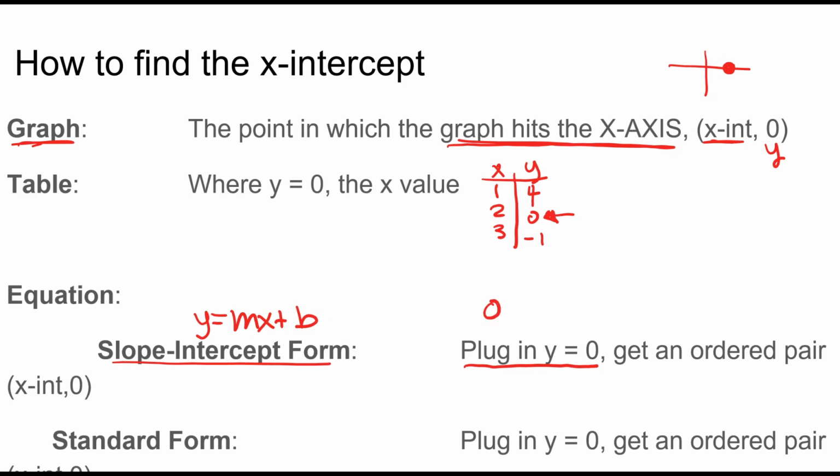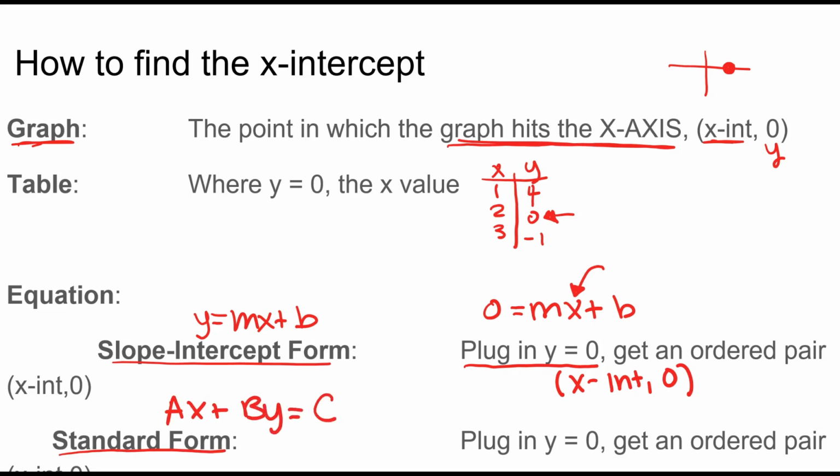You have to plug in 0 for y and try and find x. And that'll give you your ordered pair x-intercept, y is 0. And for standard form, we have to plug in y equals 0 and solve for x. So it'd be something like ax plus b times 0 equals c. That'll make that go away, and we can go from there.